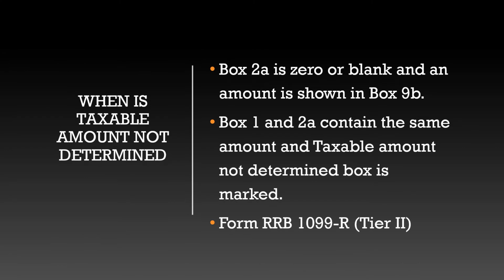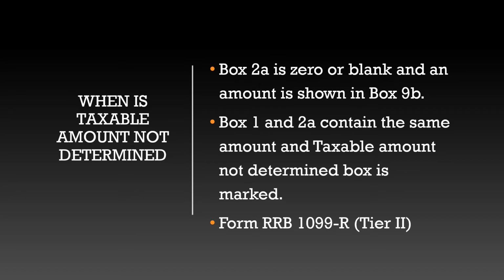So now I know you're wondering, how am I going to know when taxable amount is not determined? When the client brings in their 1099-R, you might see in box 2A, which is for the taxable amount, box 1 is the gross distribution, and then 2A is the taxable amount. It might be 0 or it might be blank, and there's going to be an amount shown in box 9B, which is your total employee contributions box.